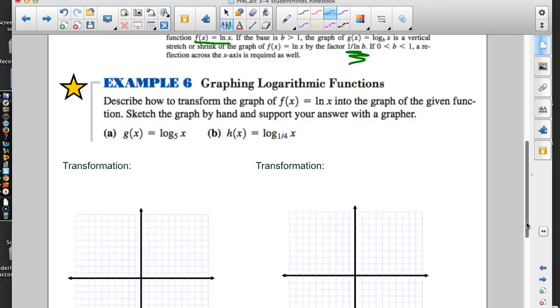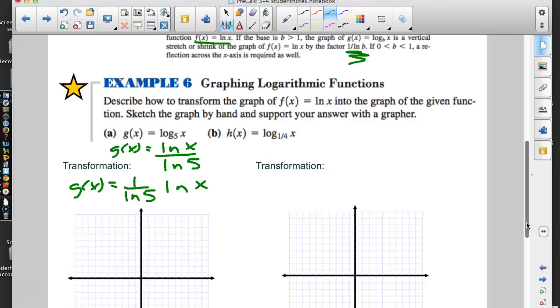When I look at this, I'm thinking, okay, that's not a big deal. g of x would be natural log of x over natural log of 5, because if I had to punch this into the calculator, I would use the change of base formula. So what they want me to do is say, here's the number in front that would be the stretch or compression, and then put this ln of x in the back, so I can see that as a parent function. Well, it would be 1 over natural log of 5.